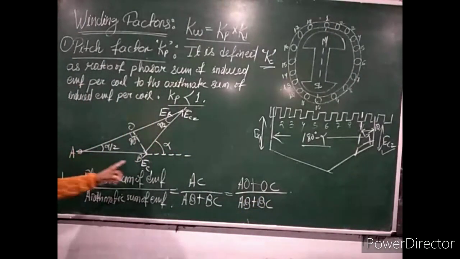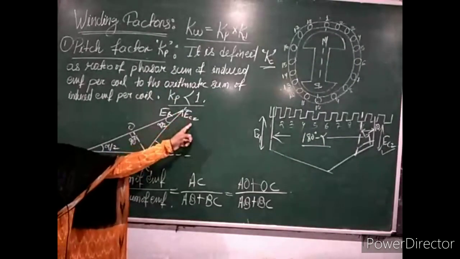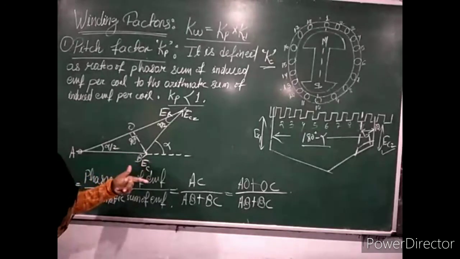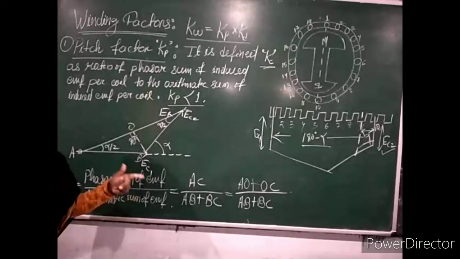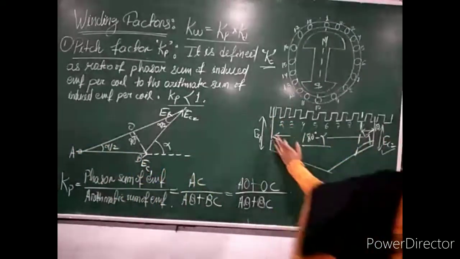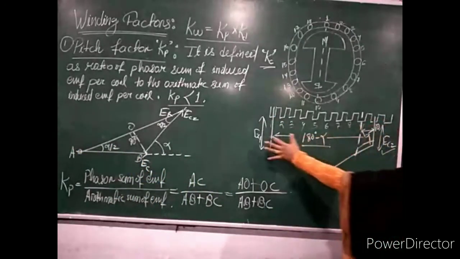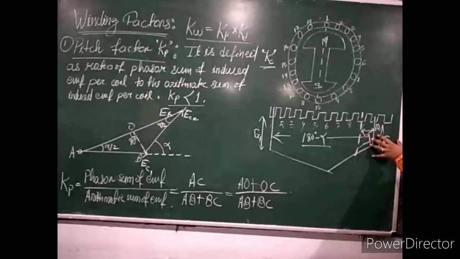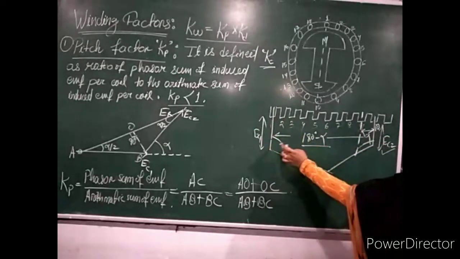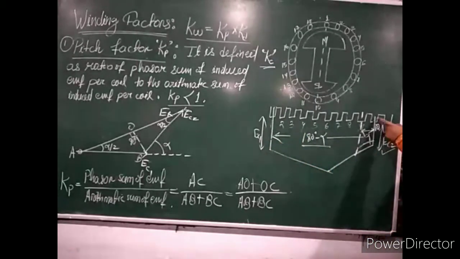Now, EC1 and EC2 are the EMF induced in the two coil sides. In this coil, this is side 1 and this is side 2. As it is a single coil, coil side 1 has the same number of turns as coil side 2.